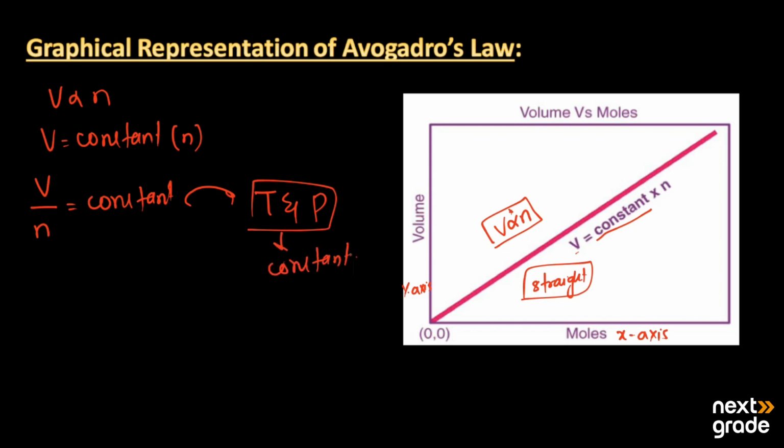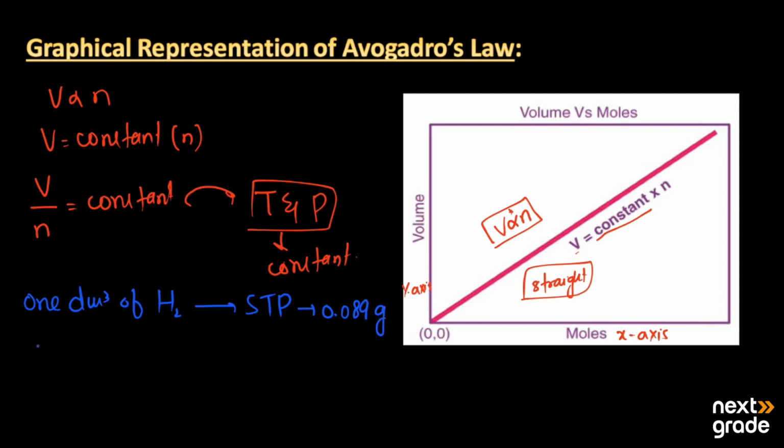Likewise, let us discuss a simple example. If we have 1 dm cube of hydrogen at STP, or standard temperature and pressure, its weight is approximately 0.089 grams.